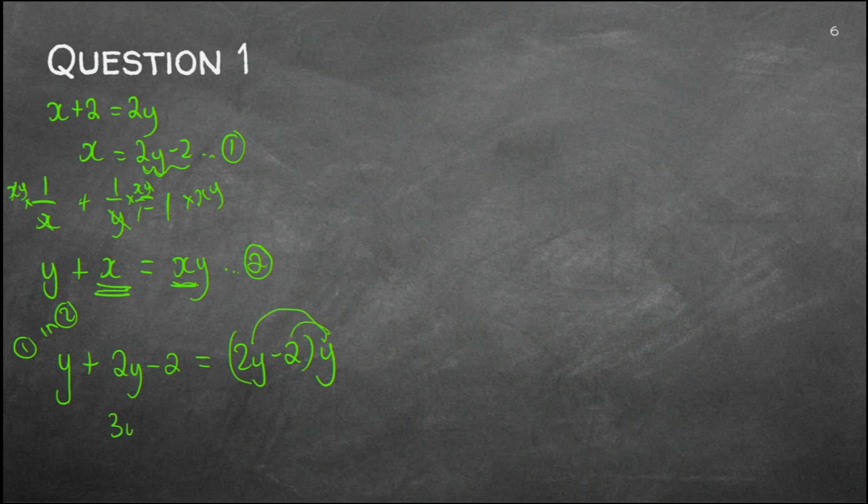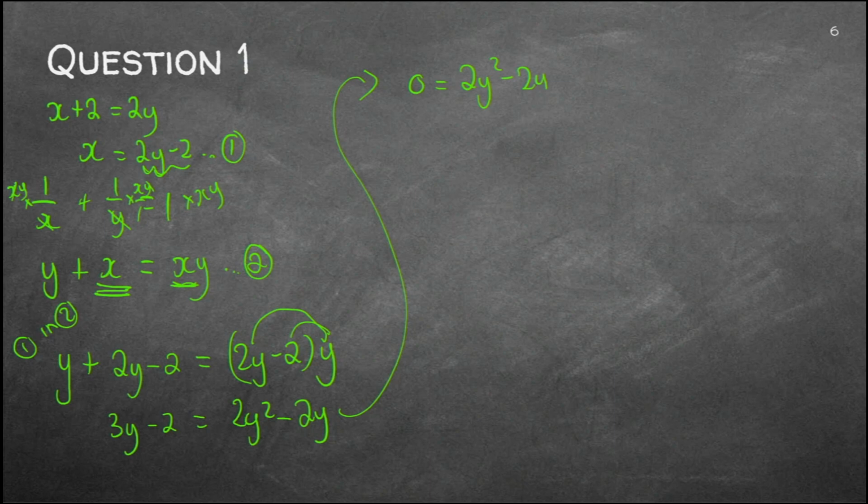So I'll have 3y minus 2 equals 2y squared minus 2y. Let's continue on. I know I'll have to factorize. So it's 2y squared minus 2y minus 3y plus 2. So let's quickly have a look.